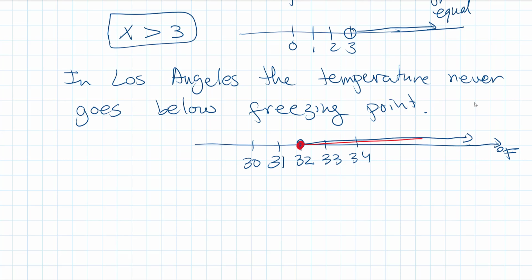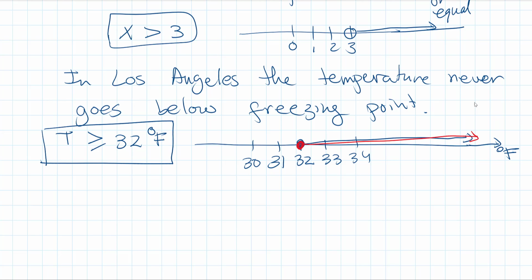We can graph that just like that, right? We can also write it as a mathematical expression. So we can write the temperature, T, is always larger or equal to 32 degrees Fahrenheit in Los Angeles. So we've taken this real world problem and we've graphed it here, and we've also written it out as a mathematical expression.